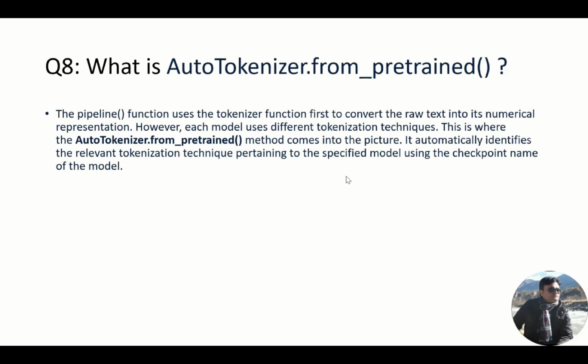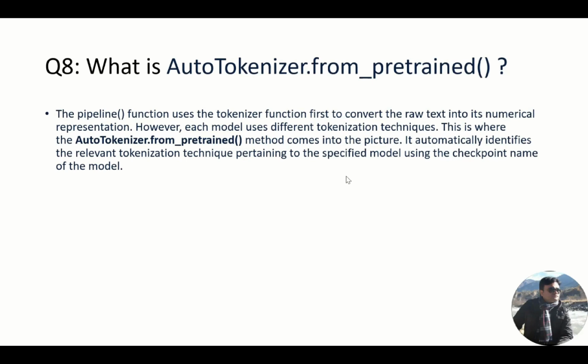It automatically identifies the relevant tokenization technique pertaining to the specified model using the checkpoint name of the model. By identifying the name of the checkpoint model, it can automatically identify the relevant tokenization technique.